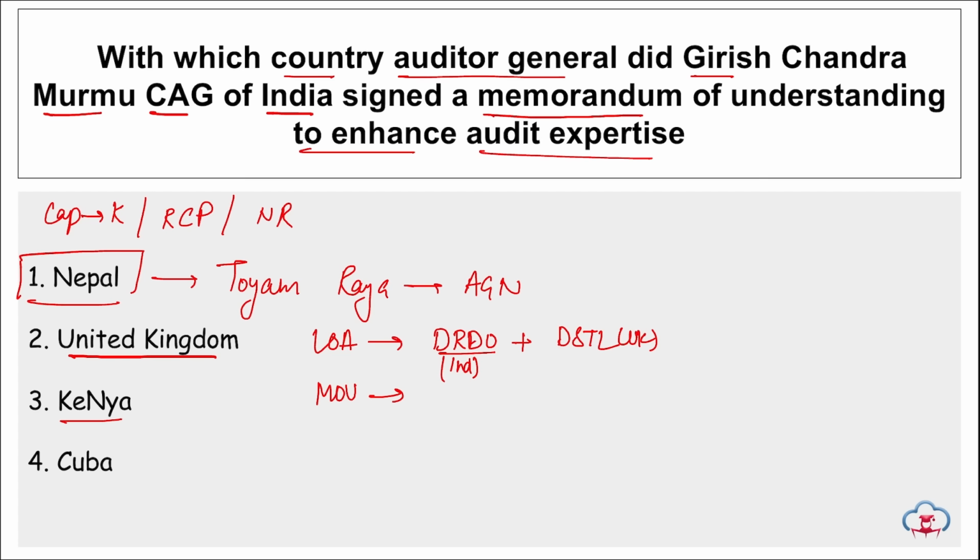Through this MOU, both G2G and B2G bilateral cooperation in the field of digital public infrastructure will be enhanced. Then if we talk about Cuba, remember MEITY of the Government of India signed an MOU with the Ministry of Communications of Cuba, right? This is basically in the field of sharing digital solutions that can be implemented at scale to help the population of Cuba in digital transformation.